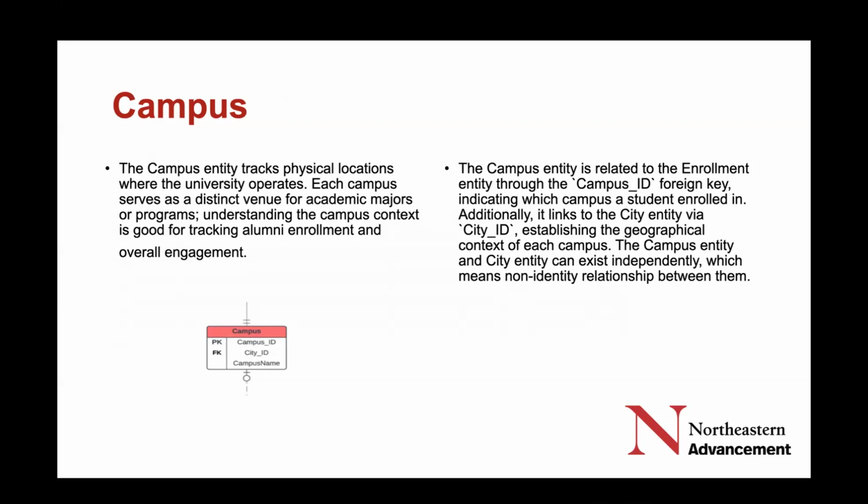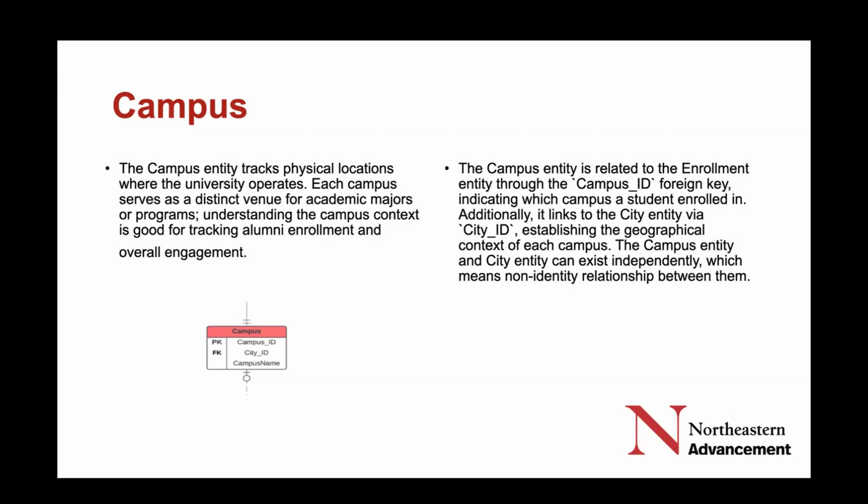Campus has a one-and-only-one relationship with enrollment, so an alumnus from one campus can only enroll in one course, and enrollment has the same relationship with campus.